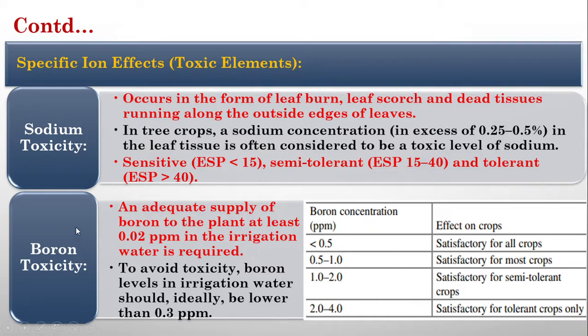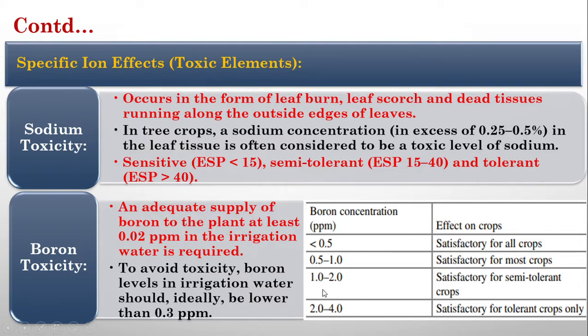Now regarding boron, here there is a table which shows the concentration of boron and its effects on crops. When the boron concentration in water is less than 0.5 ppm, we can say that it is suitable for all types of crops. When it is between 0.5 to 1, most crops can tolerate that limit.